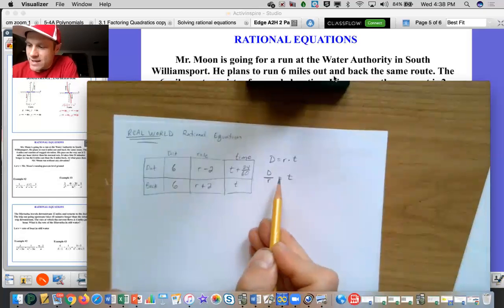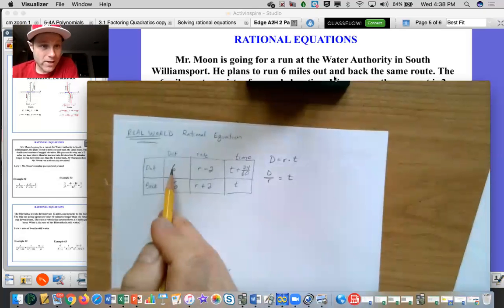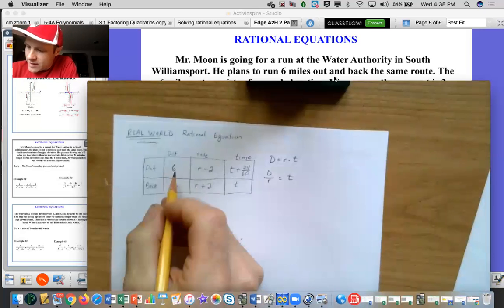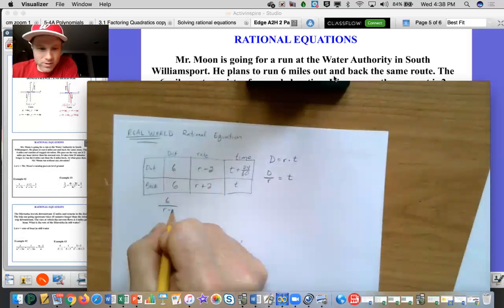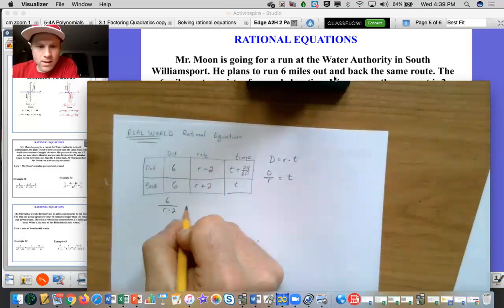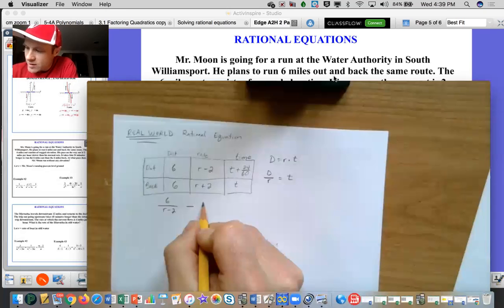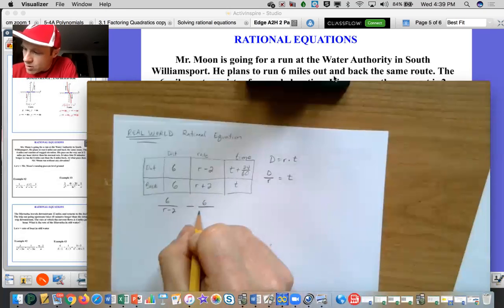So if I take the distance, and on the way out, that's the greater time frame, right? The bigger time is on the way out. So I would want to do the distance on the way out divided by the rate on the way out, minus the distance on the way back, which is still 6, divided by the rate on the way back, which is R + 2.